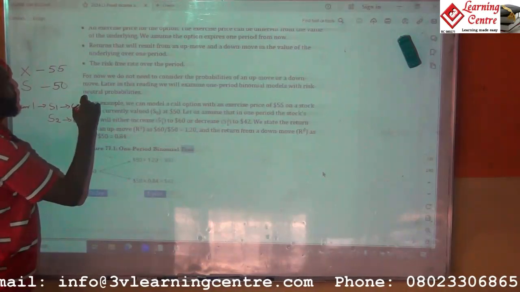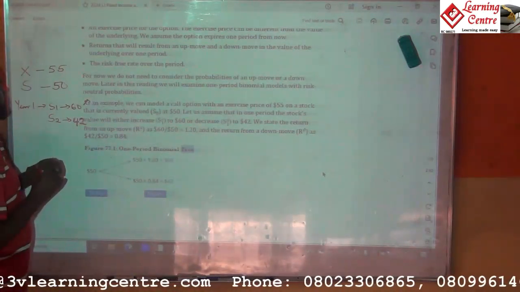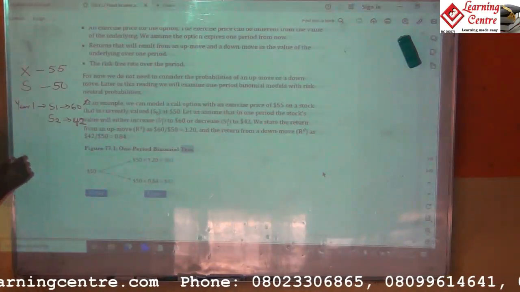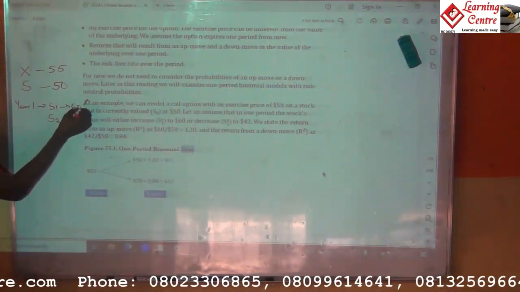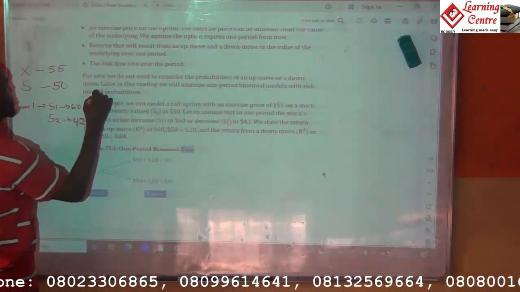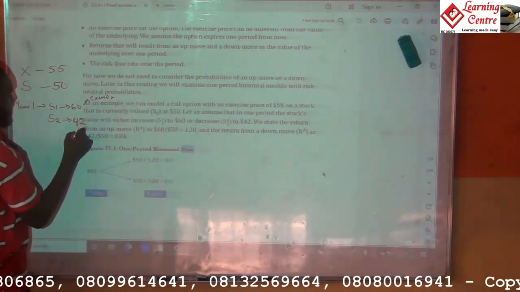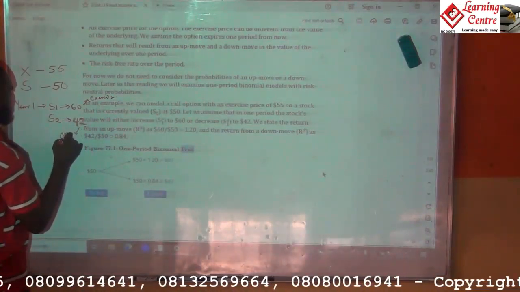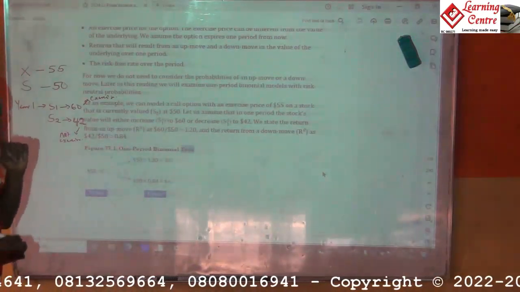So in scenario 1, are we exercising or are we not exercising? Scenario 1, because the price in the market is now greater than the price we agreed, we would exercise. And then if it's less, we will not exercise. Okay?